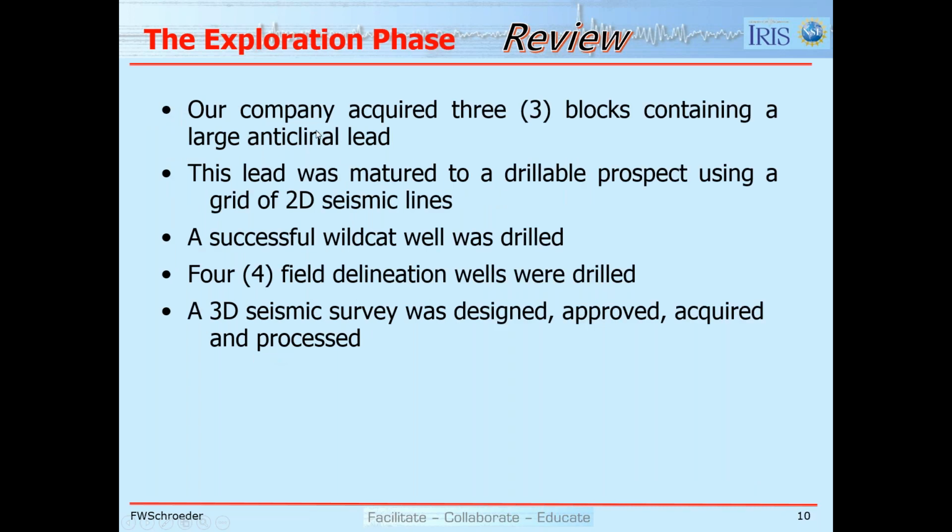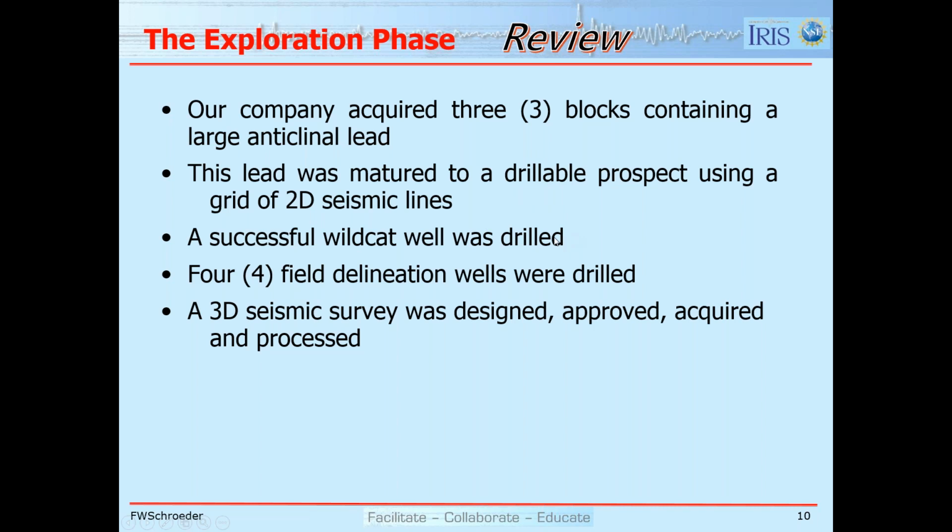And the company in our scenario acquired 3 blocks over this particular anticline, the Barracuda High. They had a lead. They matured that into a drillable prospect, something they were ready to go to management and say, we think we should spend the money to drill the Wildcat well.